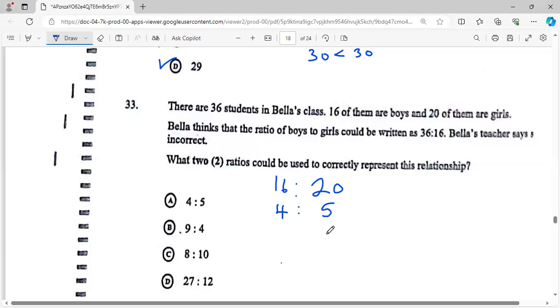Another common factor you can use is 2. So 2 into 16 goes 8 times, and 2 into 20 goes 10 times. So your answer would be A and C.